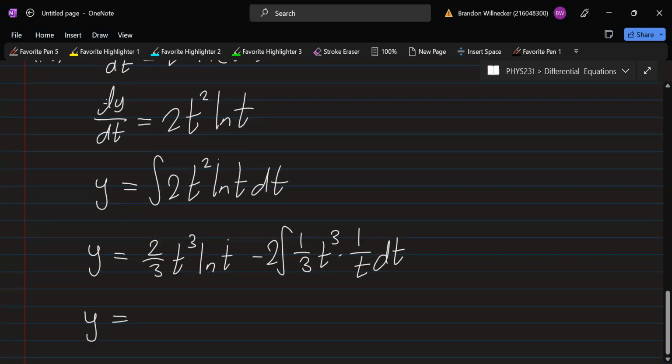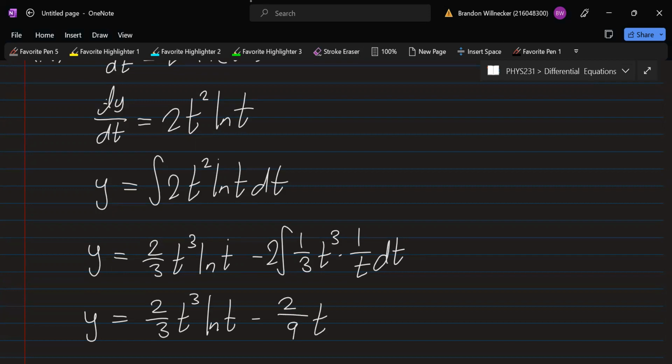So y is equal to 2/3 t cubed, natural log of t, and then the t cubed over t will make it t squared. So that gives us another 3 in the denominator. So it will be minus 2 over 9 t cubed, and then plus c. Again, we leave that to be determined later when we're given an initial condition.